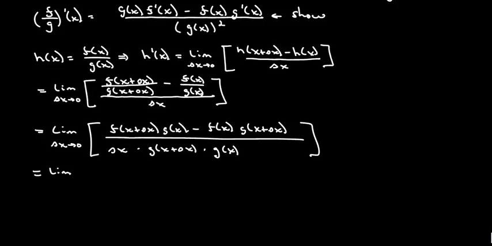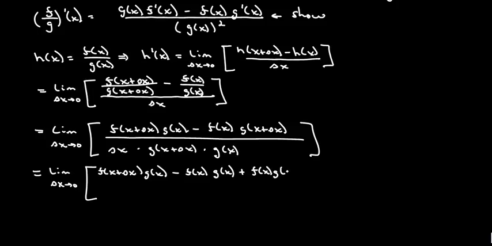So I'm going to do the same trick as I did with the products, and I'm going to subtract f of x times g of x, and I'm going to add f of x times g of x, and then subtract f of x times g of x plus delta x, like this.